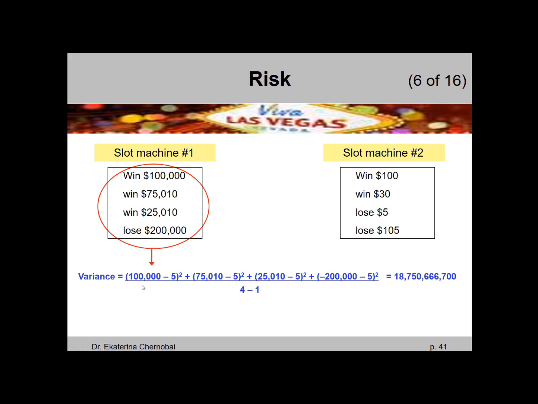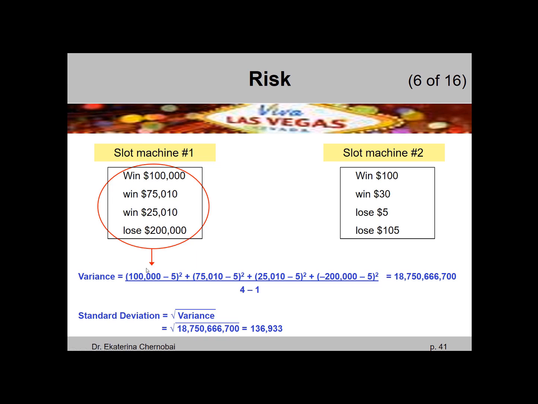So we get this large number, that's the variance, and then we take the square root of that, which is in a way removing that second power that we added, just so nothing gets canceled out. So the square root of variance is the standard deviation, and we get $136,933.